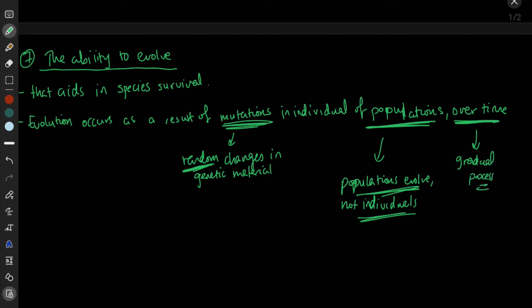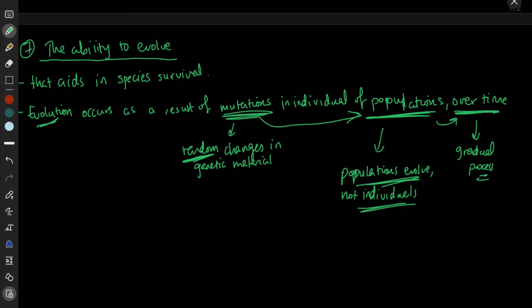It happens over the course of thousands, if not hundreds of thousands, if not millions of years. So those three characteristics are very important when talking about evolution: it occurs as a result of mutations that take place in individuals of populations, and it happens over time, right?